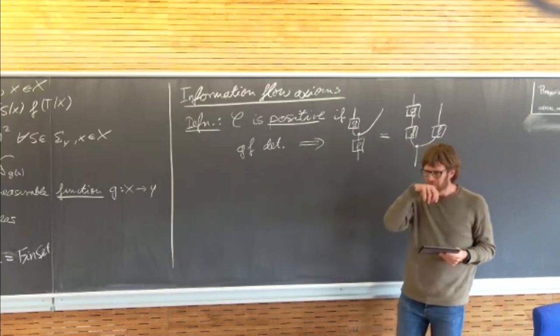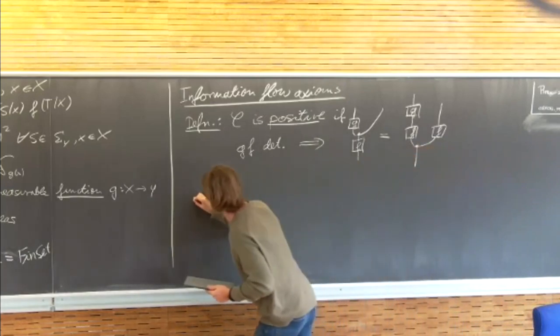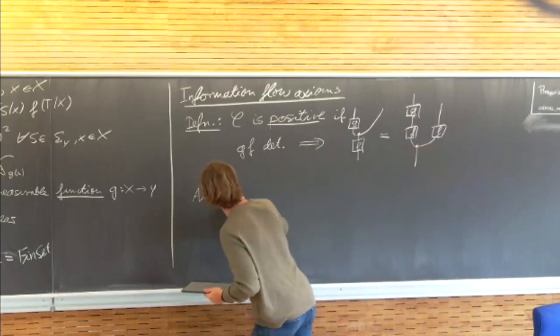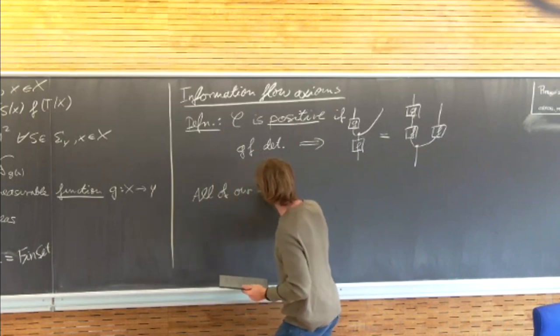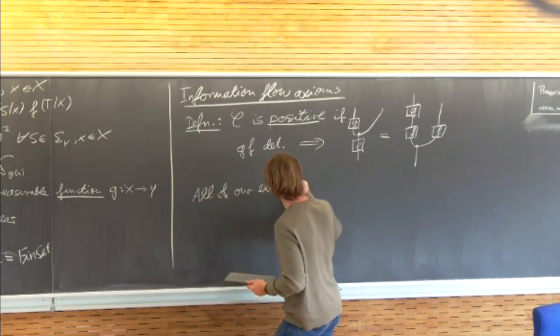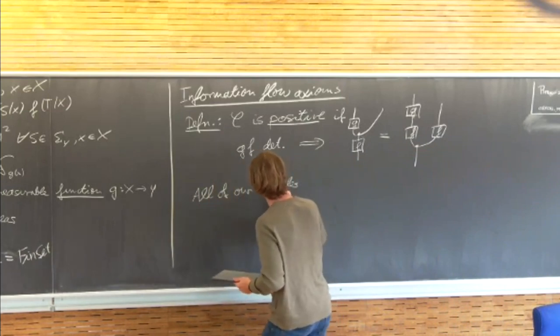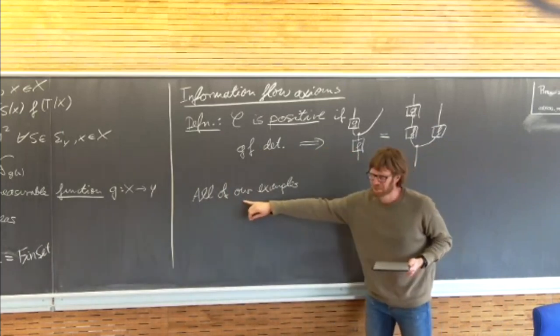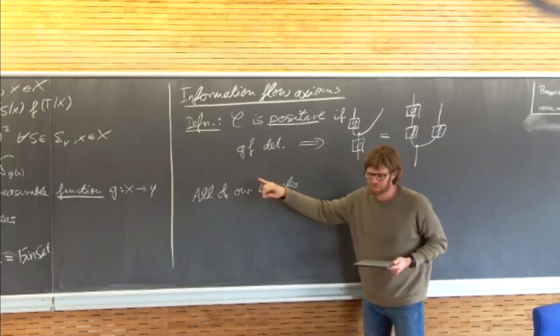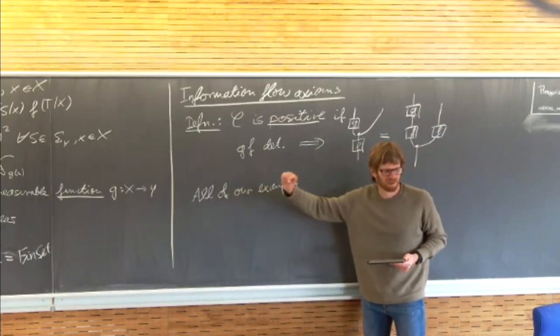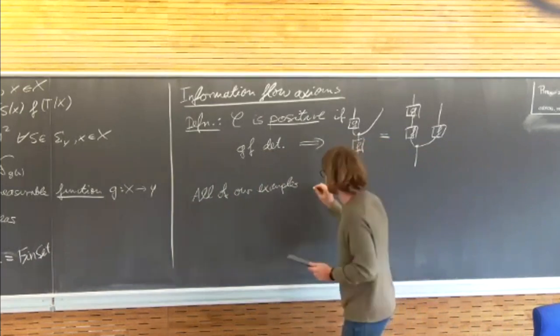Okay. So now, all of our examples of Markov categories, by which I mean the examples that we've learned about so far, are positive.